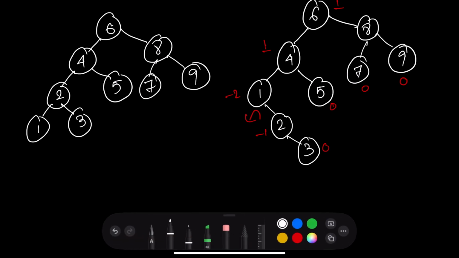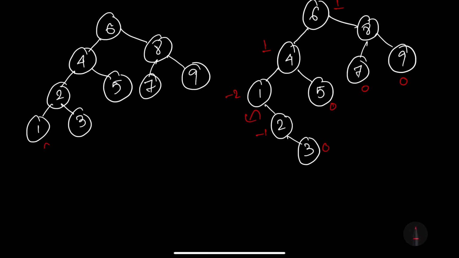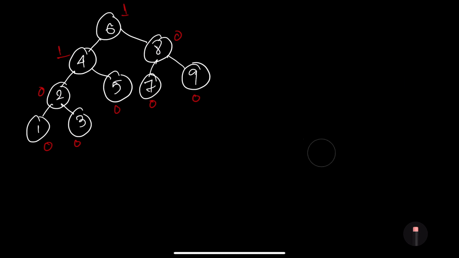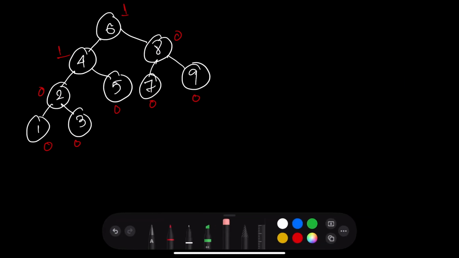So it is going to be like this. So 0 0 0 0 0 0 0, 2 -1 1, 3 -2 1. So this is the ultimate balanced binary search tree from here.